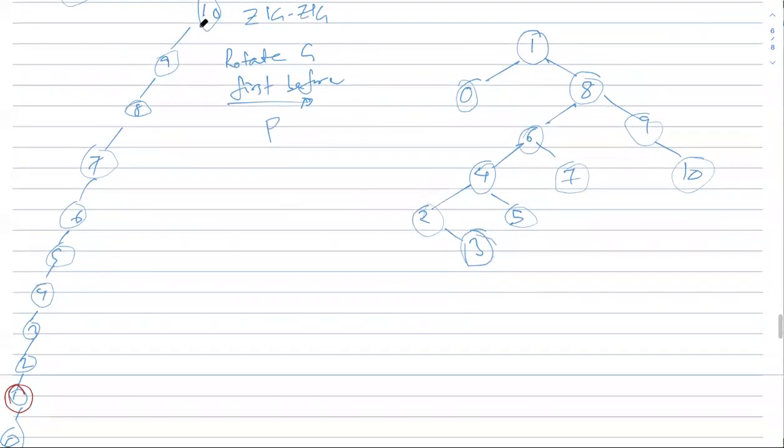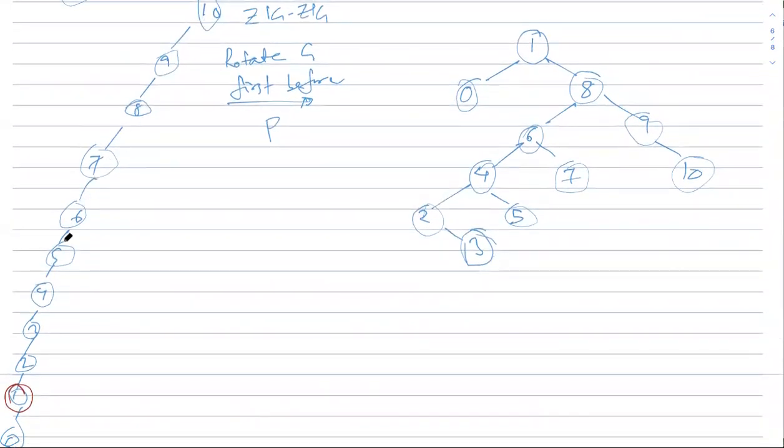The number of levels here was 1, 2, 3, 4, 5, 6, 7, 8, 9, 10. So the depth was equal to 10 here, and our focus is on splaying this 1.